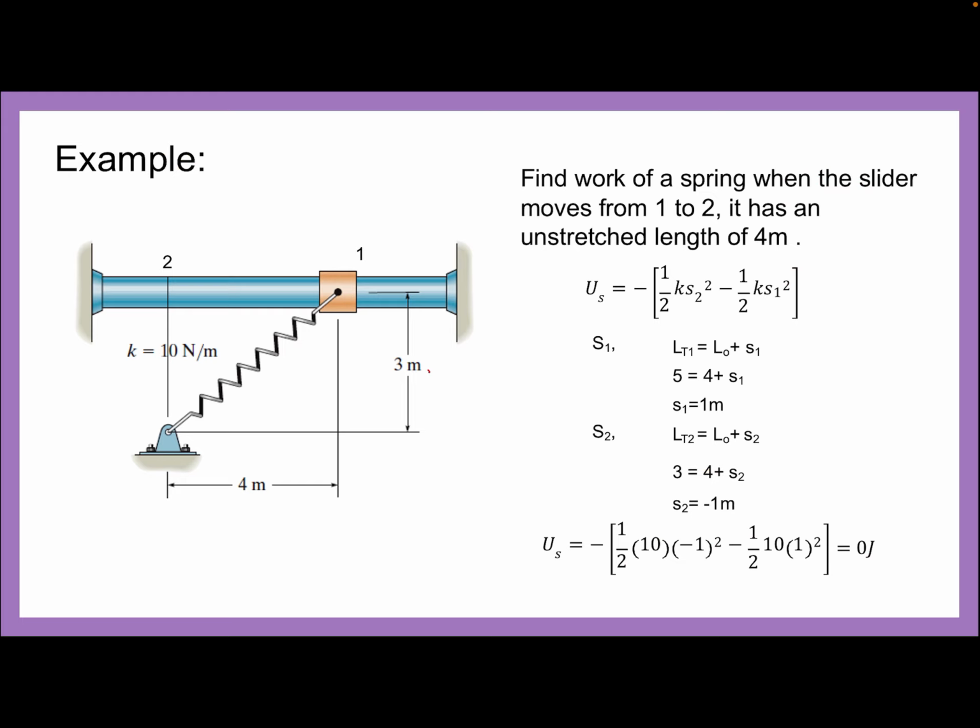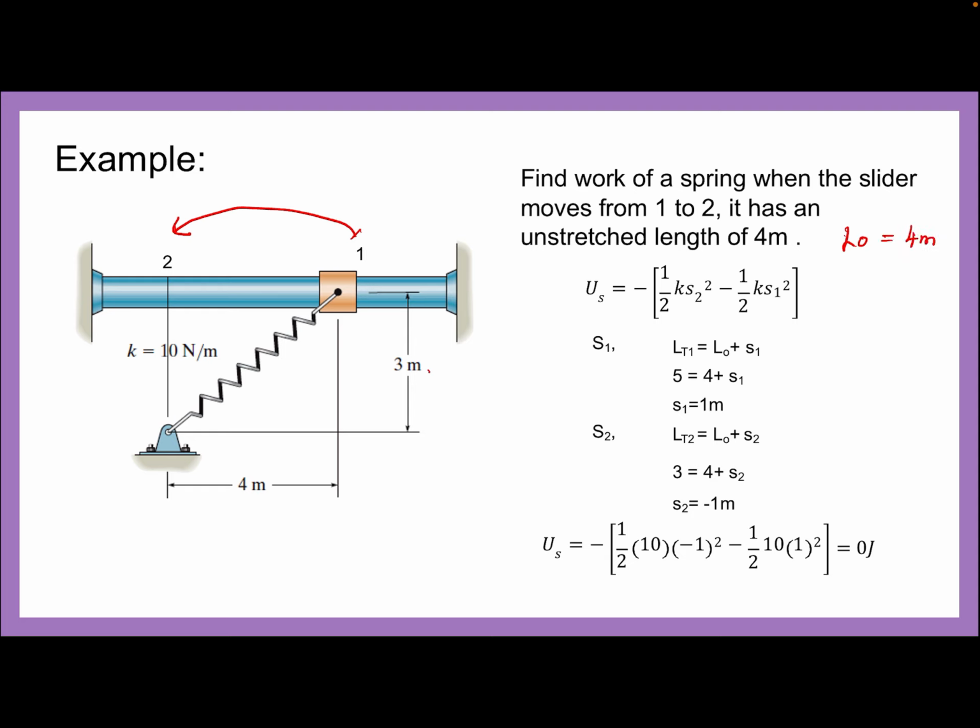So let's do an example. Find the work of a spring when the slider moves from 1 to 2. It has an unstretched length of 4 meter, so L naught equals 4 meter.